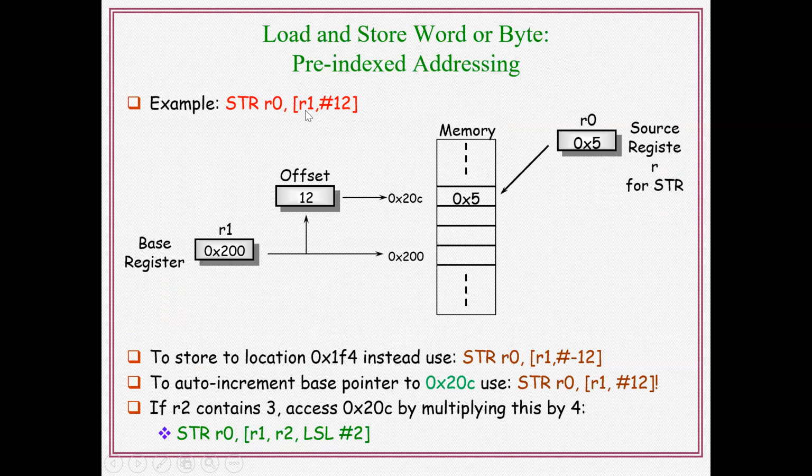That indicates that both base plus offset are available within the bracket, so it is called pre-indexed. If you separate this, R1 in the bracket and immediate 12 separated, then automatically it comes under post indexed.